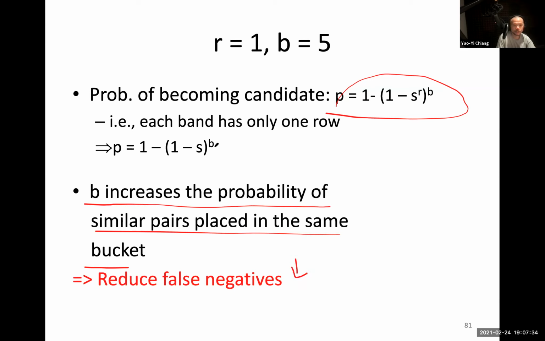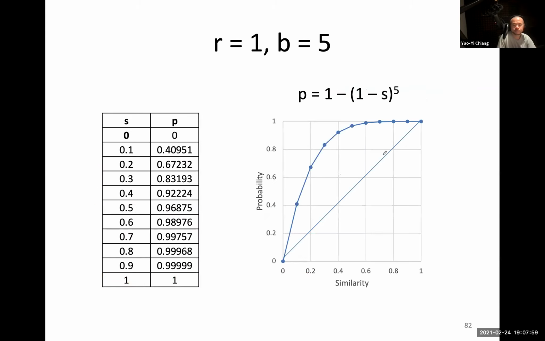Okay, so if you have a larger B, this will be a larger value, and the probability of becoming a candidate will be what? Oh, sorry. If you increase B, this will be a smaller value because this 1 minus S is always smaller than 1. If we look at the chart, it looks like this.